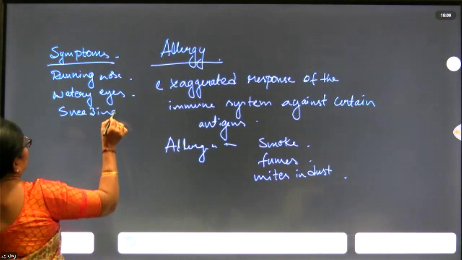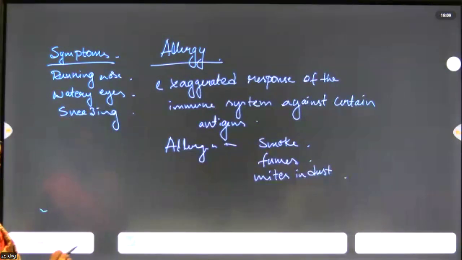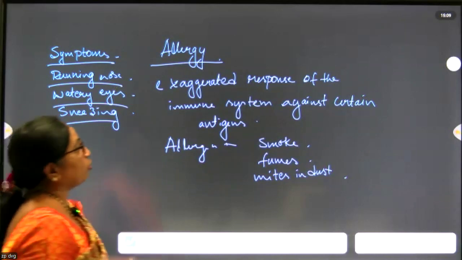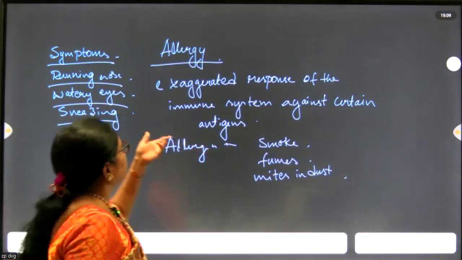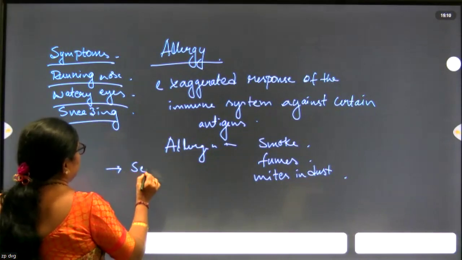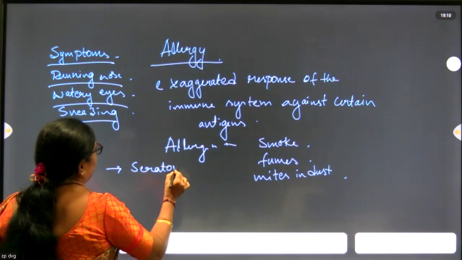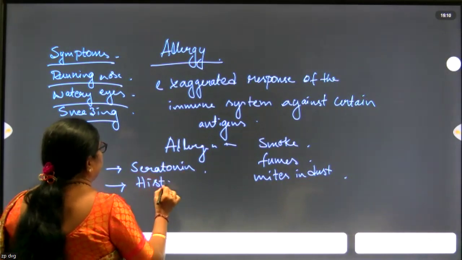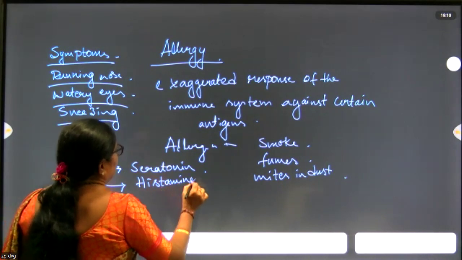All these are symptoms of allergy. During allergy, the body is going to secrete certain chemicals like serotonin and also histamines.